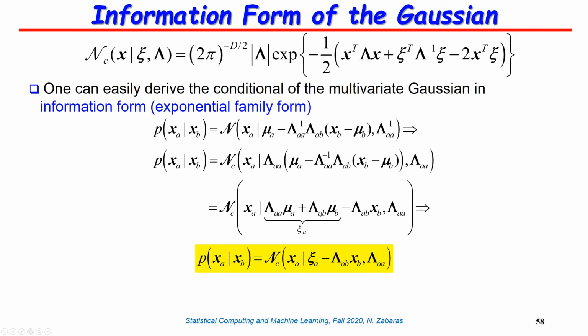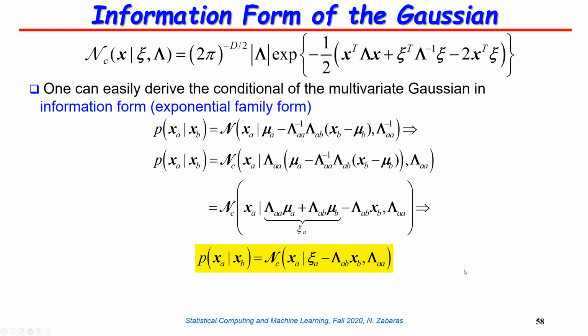So if you remember, lambda times mu is equal to xi_c. So here, when you partition lambda and you do the calculation of xi_a, you will be multiplying lambda_AA mu_A plus lambda_AB mu_B, so that would give you xi_a, and similarly xi_b would be lambda_BA mu_A plus lambda_BB mu_B.